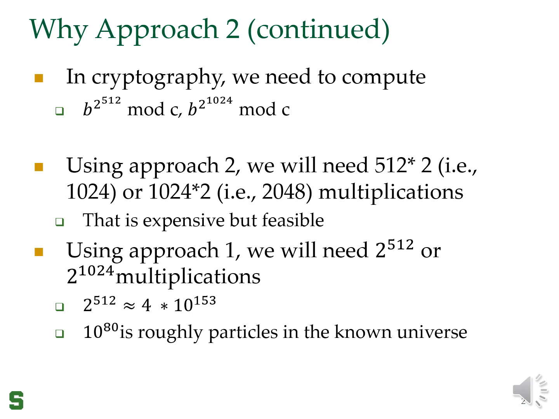By contrast, approach 2 is feasible. It will require quite a bit of work, 512 or 1024 multiplications, etc. But it's not something that is impossible to do with computers. And that's why we are looking into this method of how to compute large powers, and we will see the use of it in the next couple of modules.